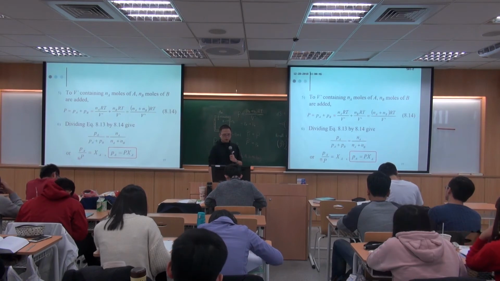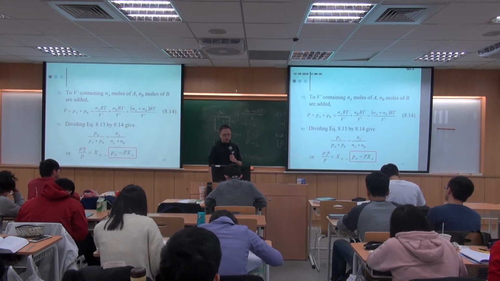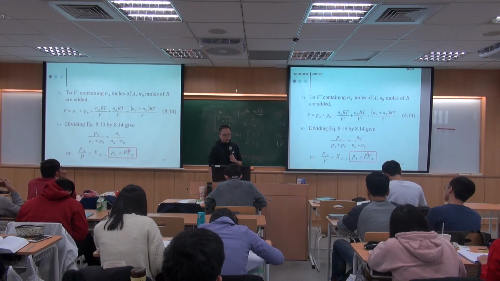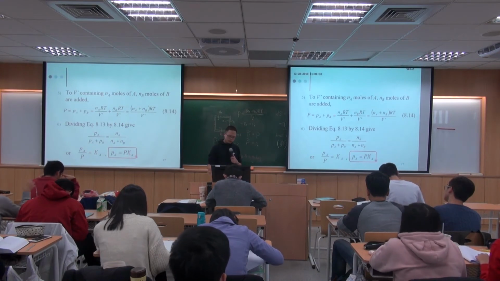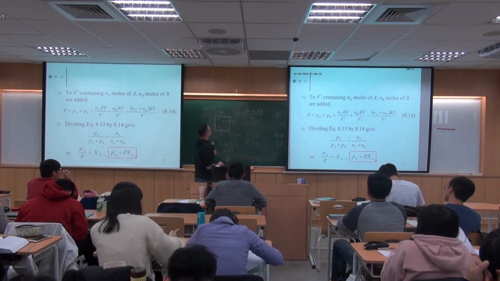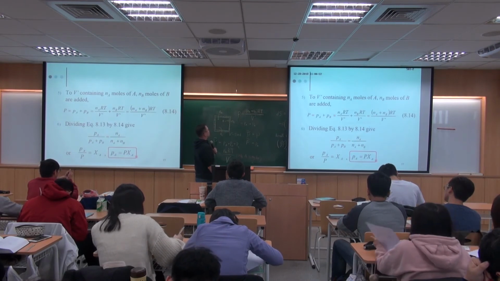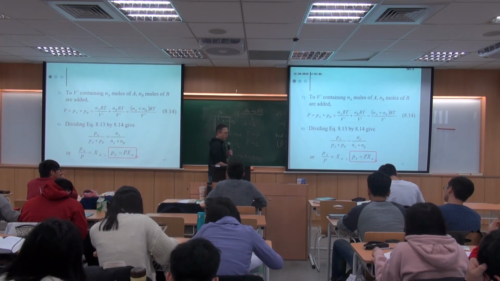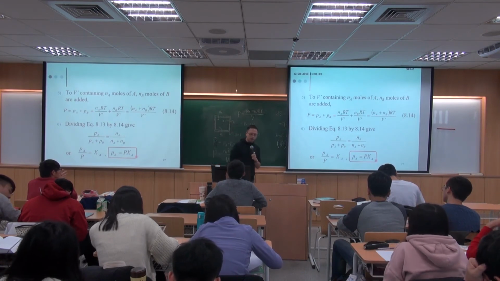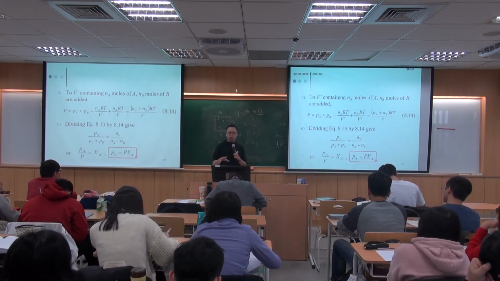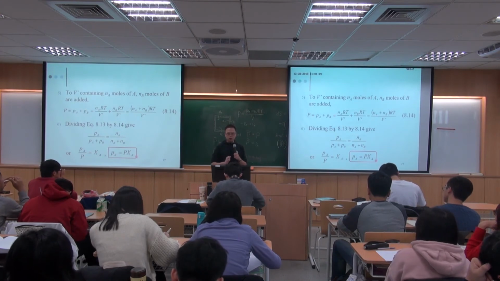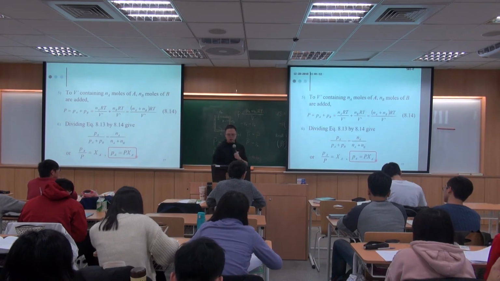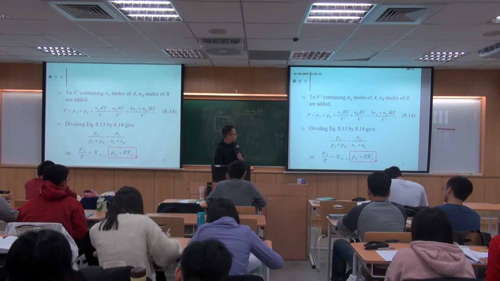Therefore, the partial pressure PA is simply the total pressure times the mole fraction, which is pretty straightforward, right? Because if you want to consider the contribution of one of the gas molecules in the system, it is simply the total pressure times its mole fraction. I believe most of you learned this during freshman year chemistry. So this is just a review for that.